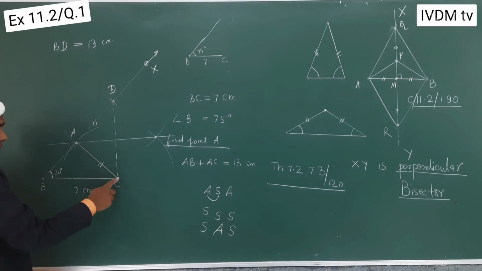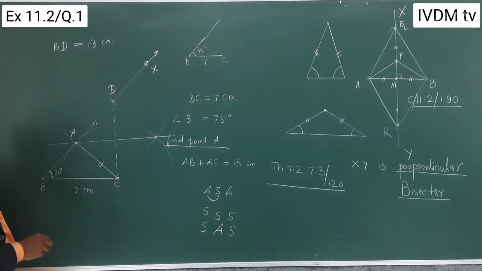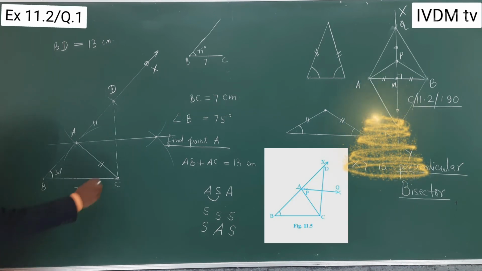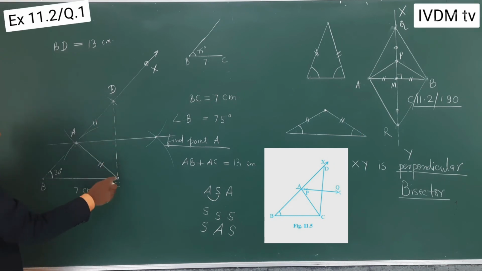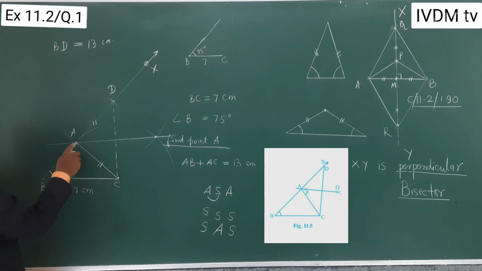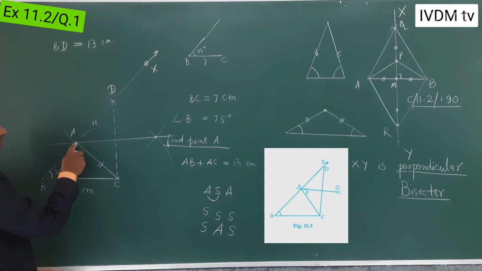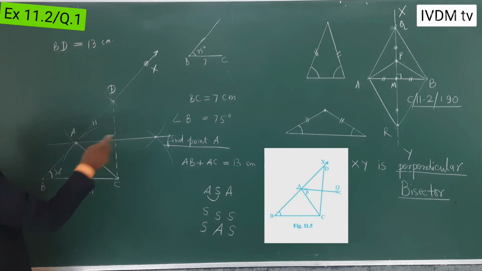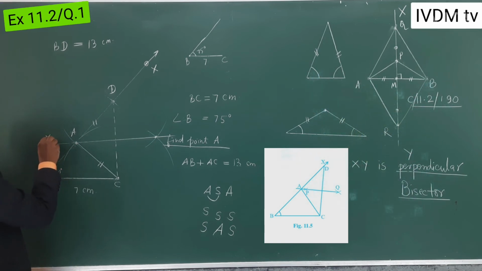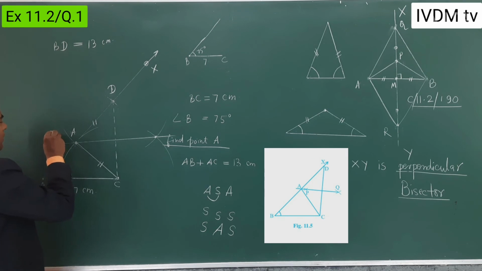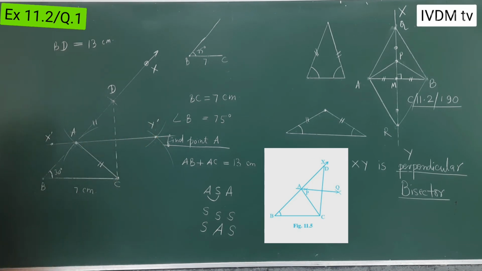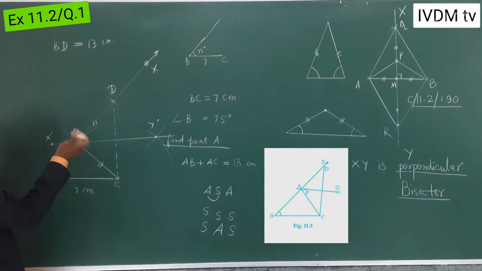Join D to C and draw the perpendicular bisector of DC. This is A, or you may write X dash, Y dash, or MN, you may say perpendicular bisector MN.